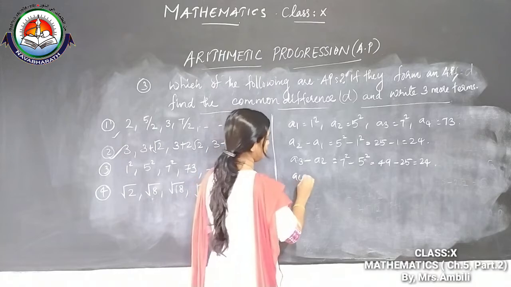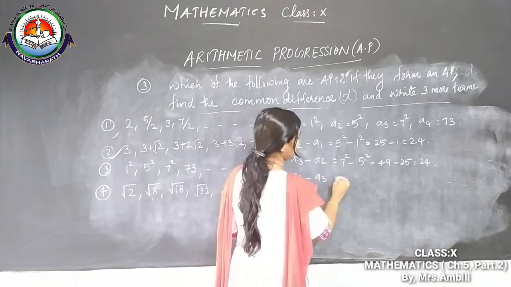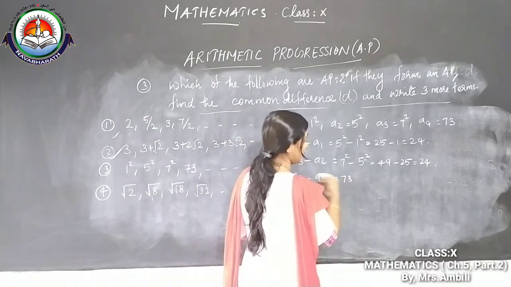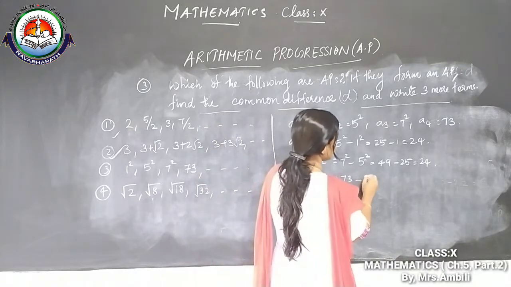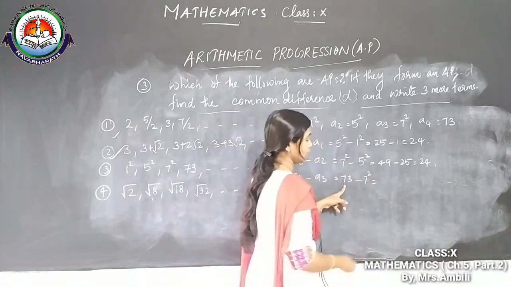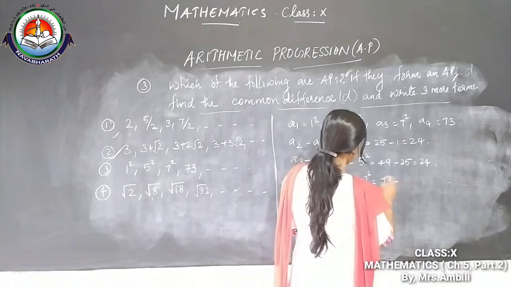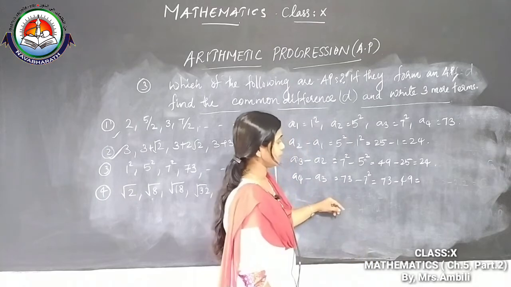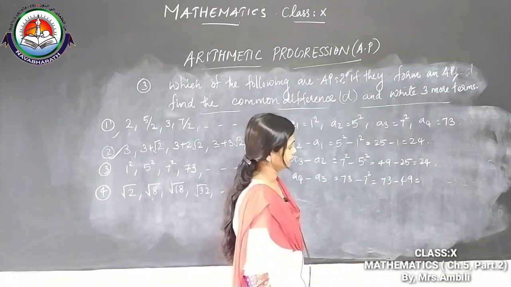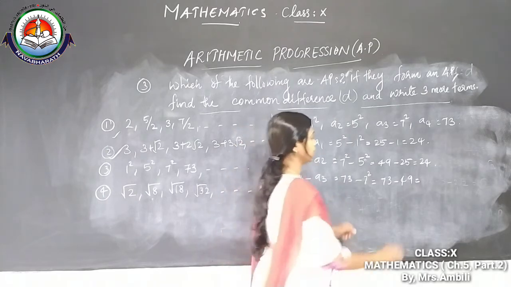Next, A4 minus A3, that is 73, it is given. 73 minus 7 square, that is 73 minus 49, 24.